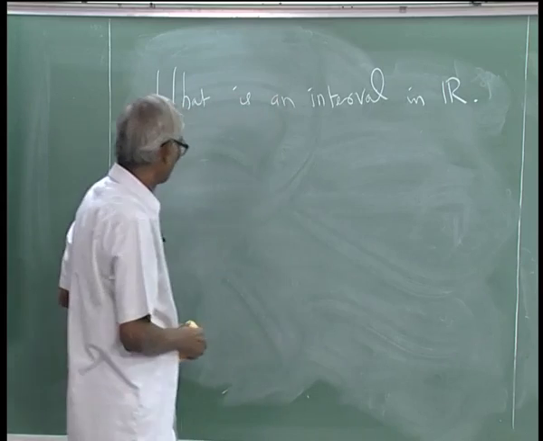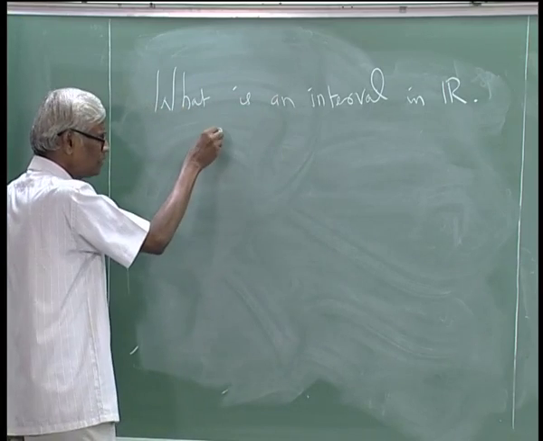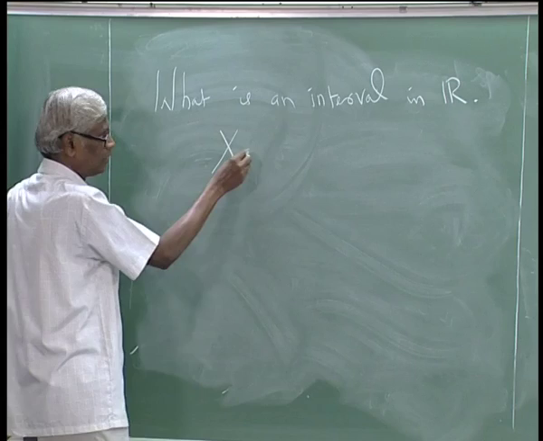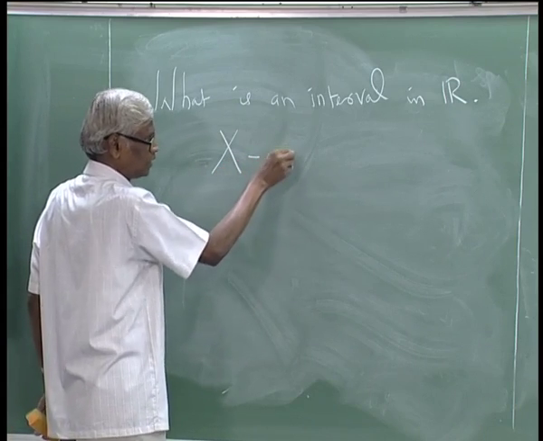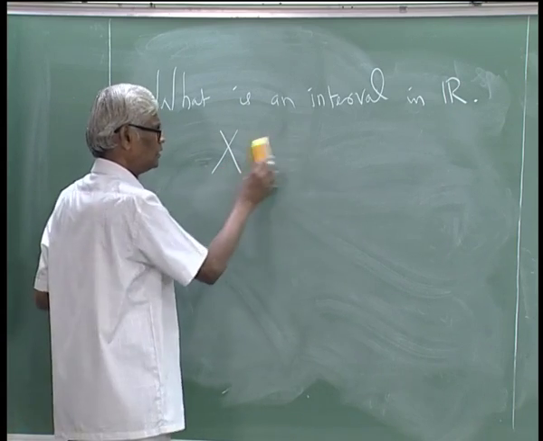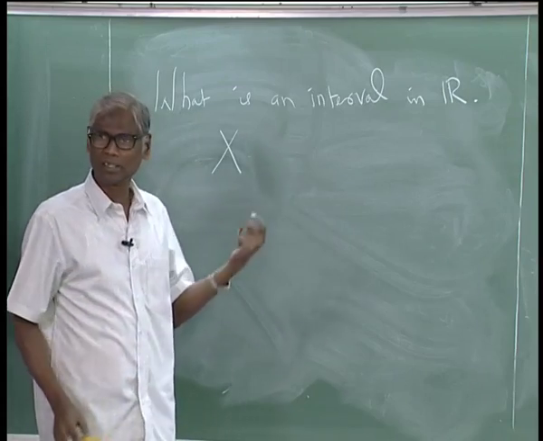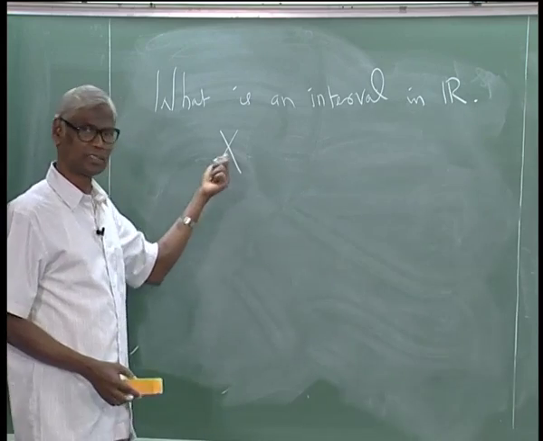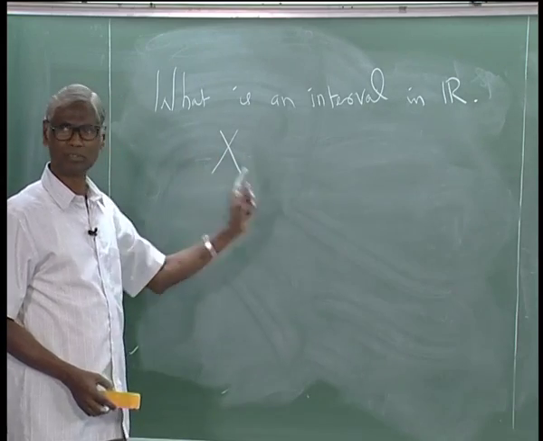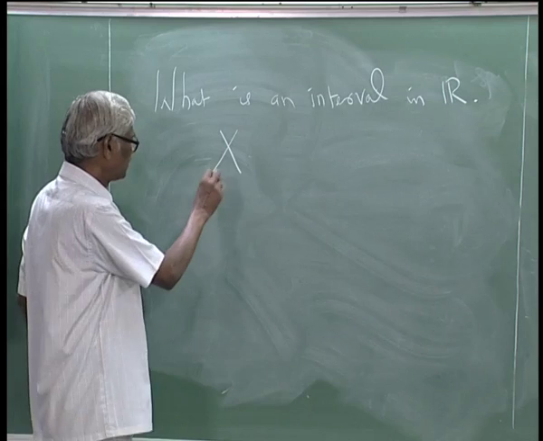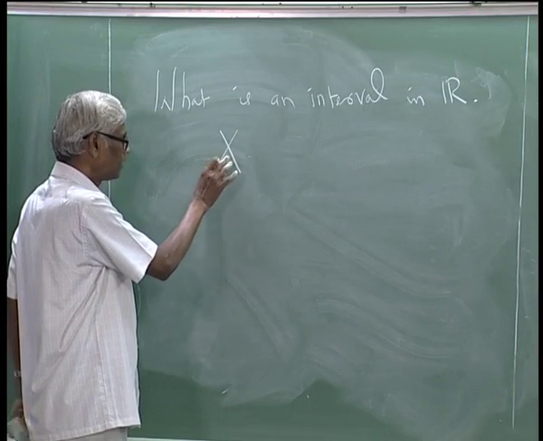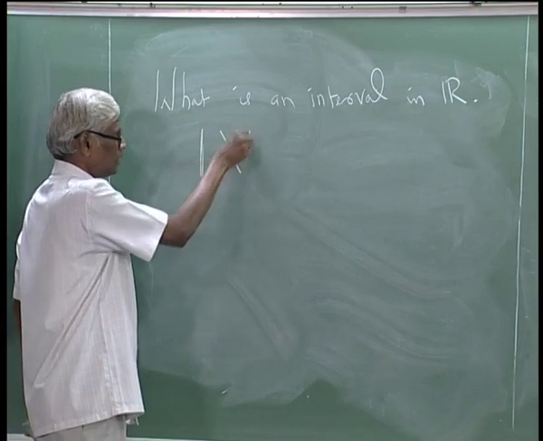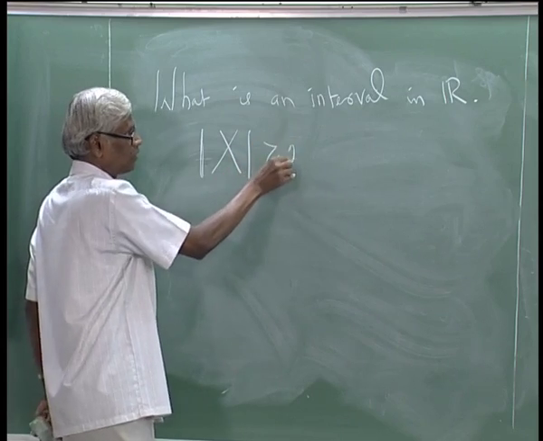Suppose X is an interval. We can assume that X contains at least 2 elements, since the empty set or a singleton is trivially connected. So, our interest is the cardinality of X greater than or equal to 2.